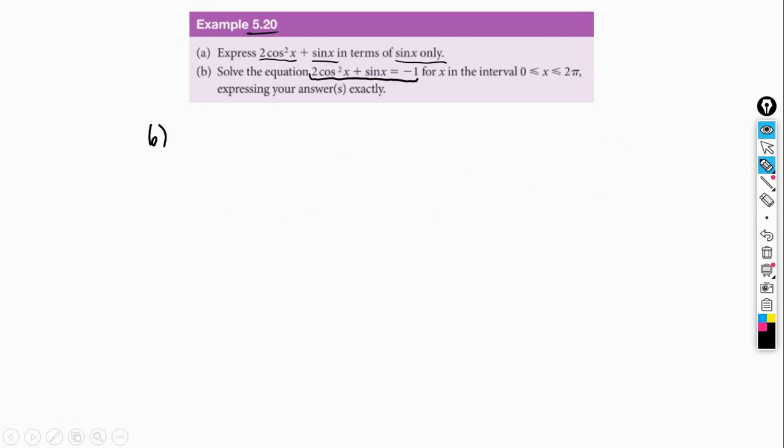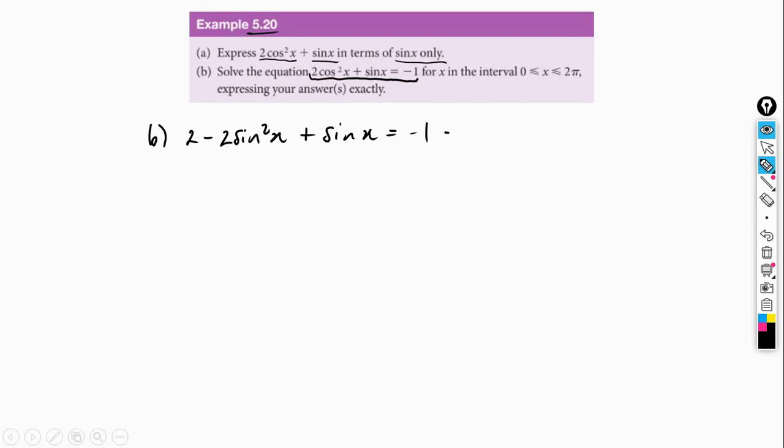So for part B, they want us to solve for this equation. But like I said, it's equivalent to the expression that we found before, at least the left-hand side, right? So 2 minus 2 sine squared of x plus sine of x is equal to negative 1.